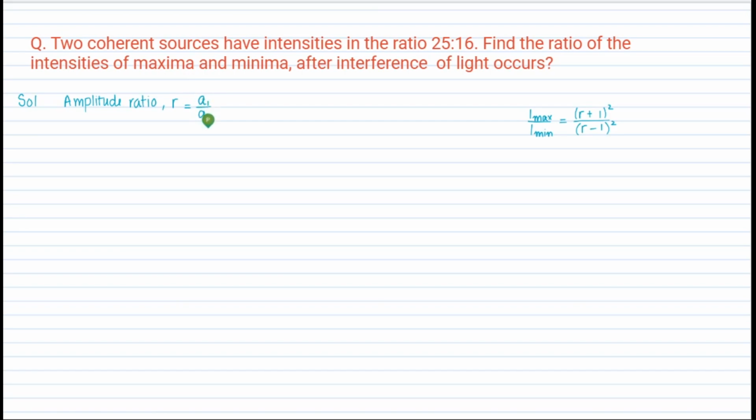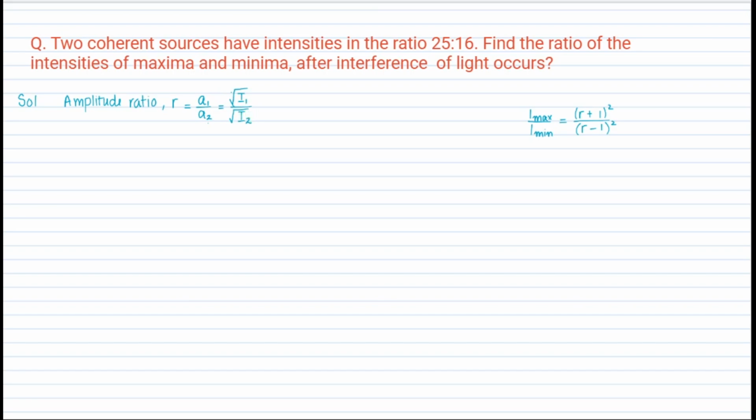Fine. Now since your intensity is directly proportional to A square, I can also consider the opposite case, where your amplitude is proportional to the square root of intensity. So if I use this condition, I can write the ratio of the amplitudes A1 upon A2 equals root over I1 by root over I2.